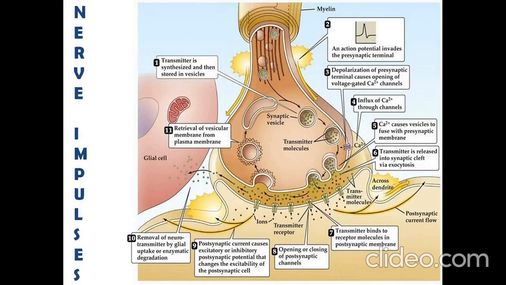And they rupture the synaptic vesicle and release the neurotransmitter. This released neurotransmitter binds to the receptor present in the postsynaptic membrane, causing opening or closing of the postsynaptic channel. And the postsynaptic current causes the excitatory and inhibitory postsynaptic potential. These are the nerve impulses.